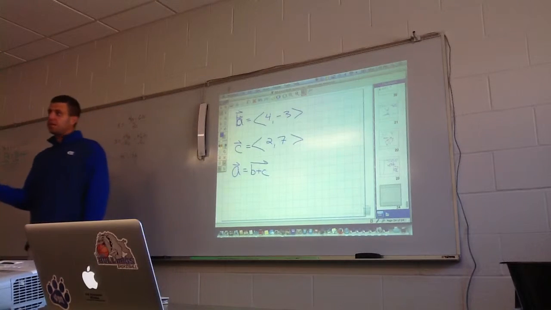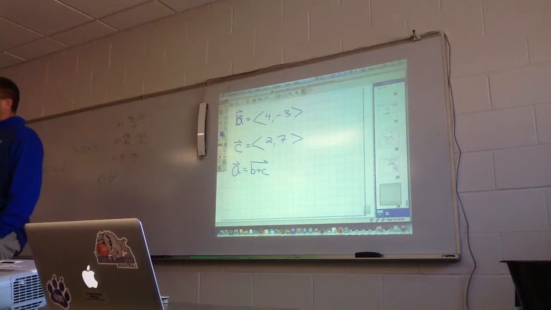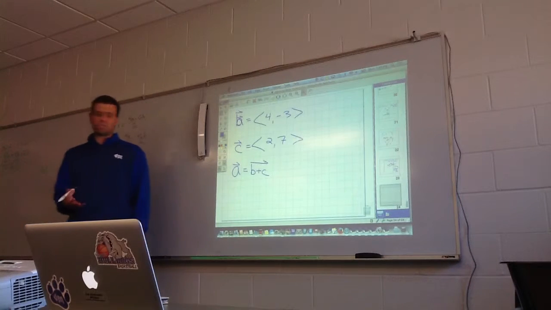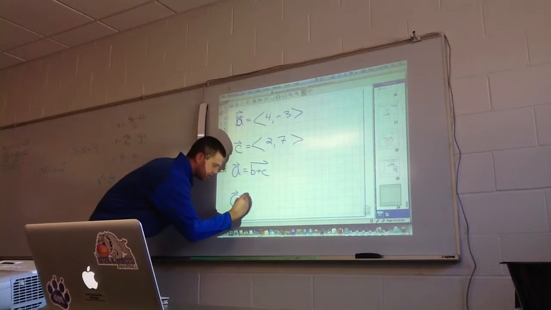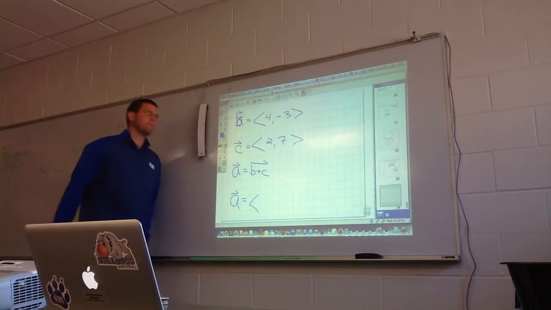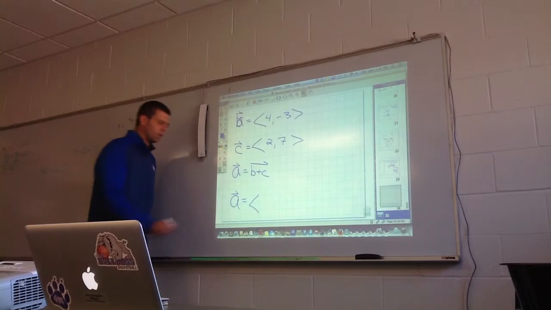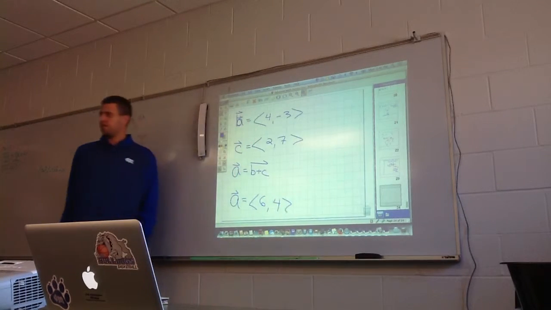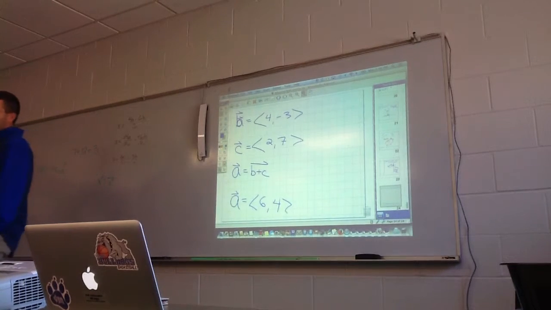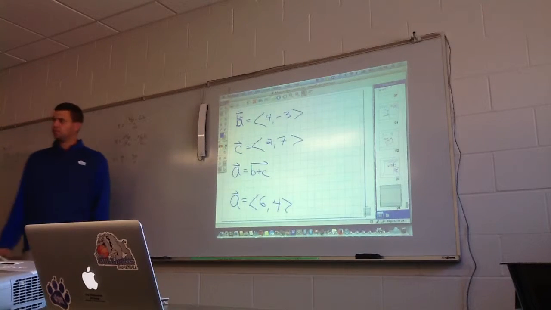This is very simple. Add your x's together, add your y's together. So vector A will equal what? 6, 4. You can just add your x's, add your y's. And then Pythagorean's theorem.